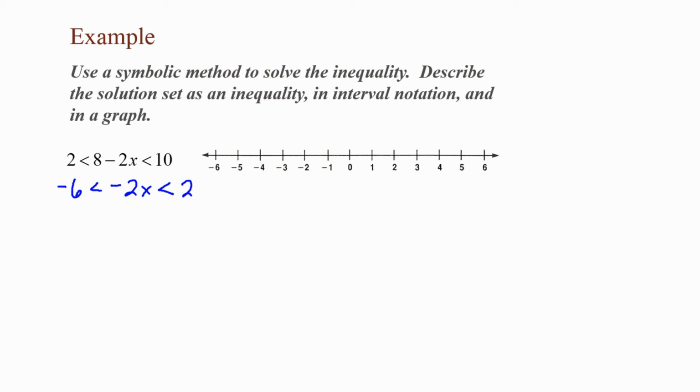Now we want to divide everything by -2, so the result is 3 greater than x greater than -1.